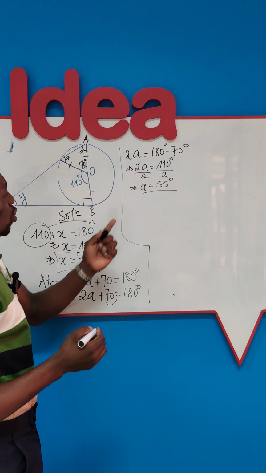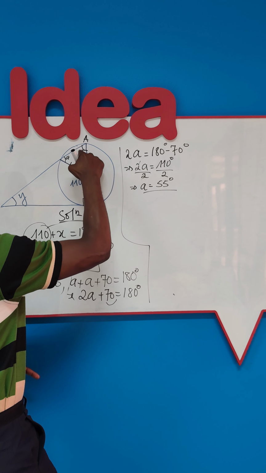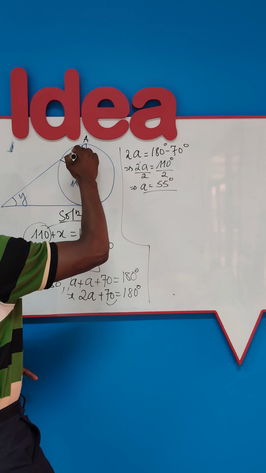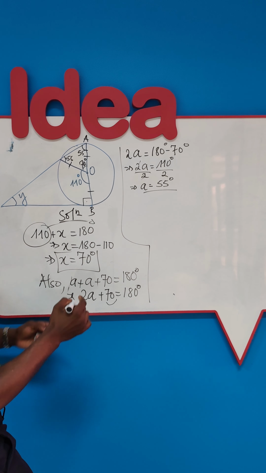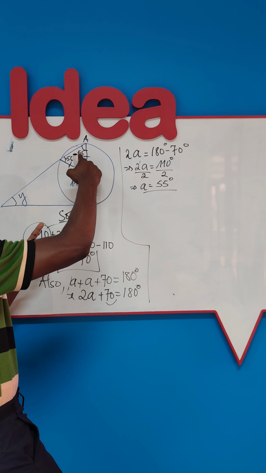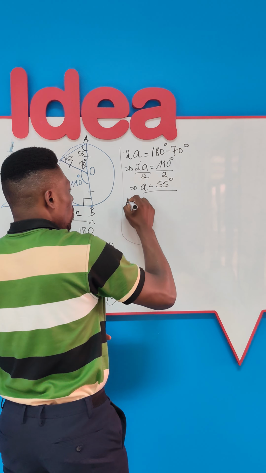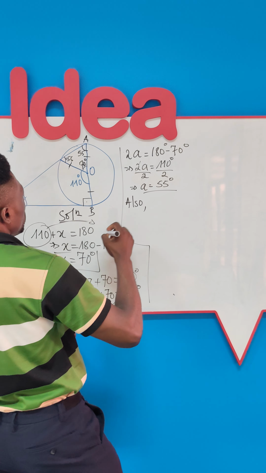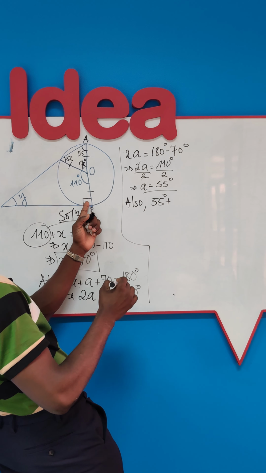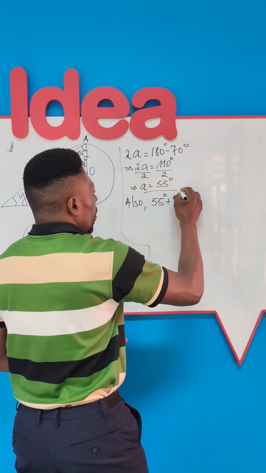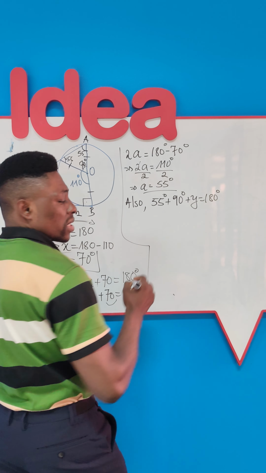All right, now what do we do with this value of A? If this is 55 degrees, I'm going to replace it right away. 55 degrees and then here 55 degrees. Now we have 55 degrees, 90 degrees here, and then Y. So we would say also, it's good to make such statements, 55 degrees plus 90 degrees here and plus Y should give us 180 degrees.